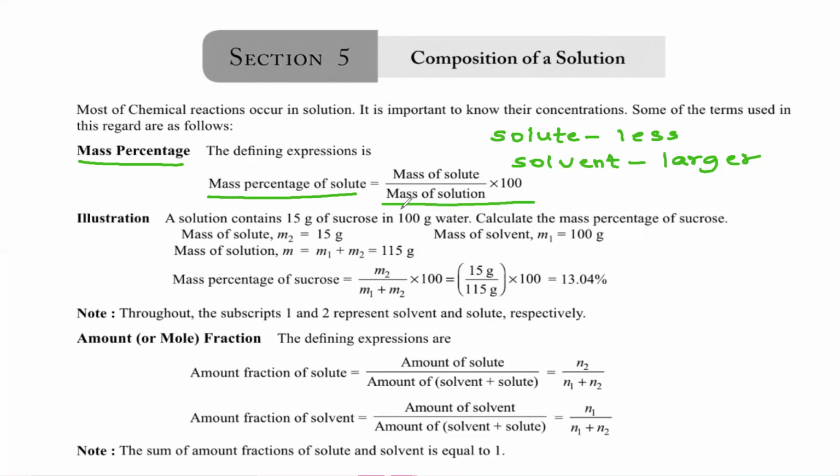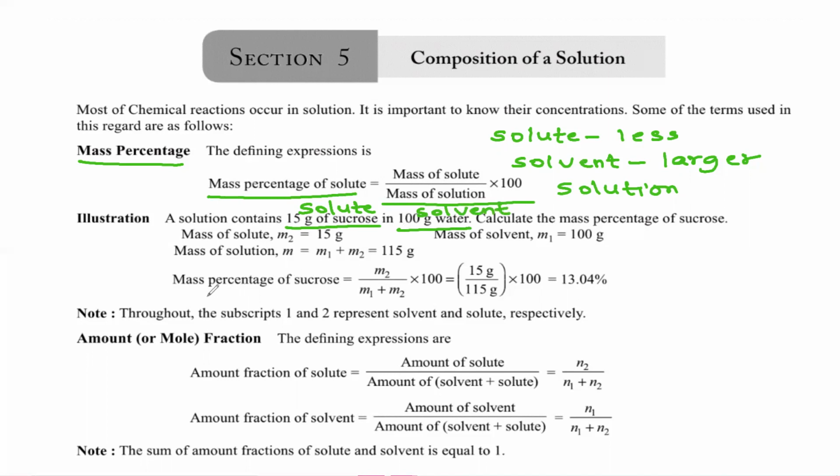For example, a solution contains 15 grams of sucrose in 100 grams of water. Here water is the solvent and 15 grams of sucrose is the solute. Calculate the mass percentage of sucrose.